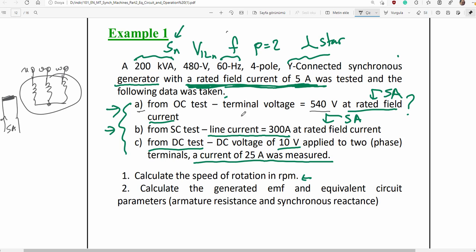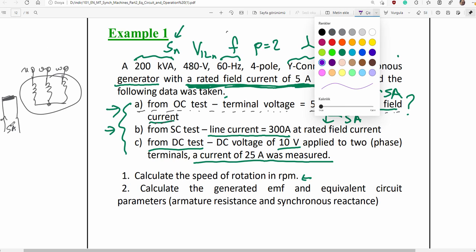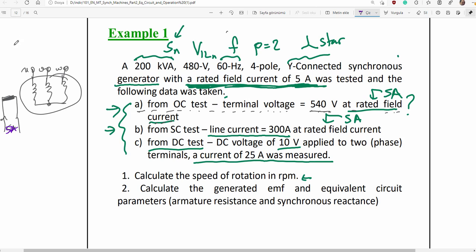Then in open circuit test, machine can generate 540 volts at 5 amperes field current. When here's 5 amps under open circuit test conditions, here you measure open circuit voltage.